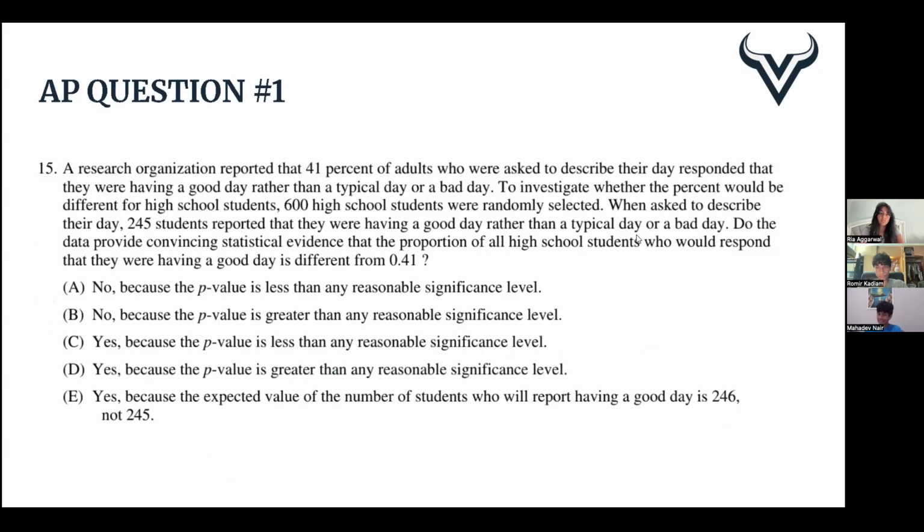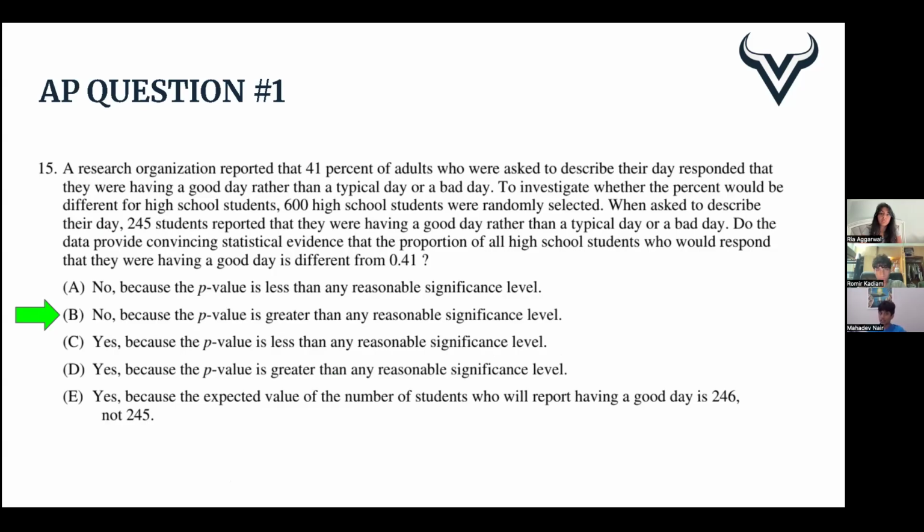Let's take a look at an AP question now. Pause the video to read the question. Okay, the correct answer is B, and this is how to solve. First, you have to recognize what type of test this is, and since there's only one proportion given, it's a one proportion z-test. Since this is an AP calculator question, you're allowed to use the calculator to solve for the p-value.